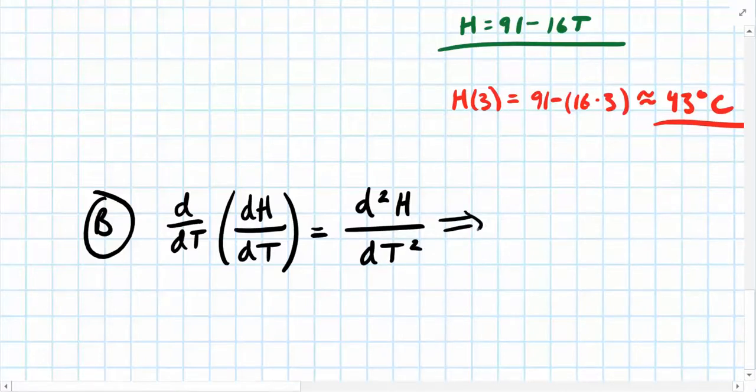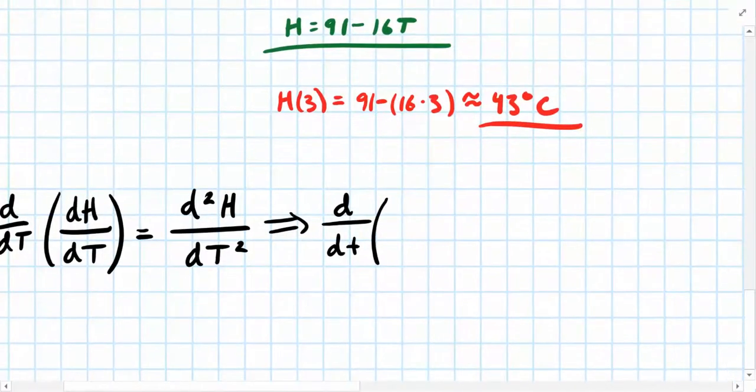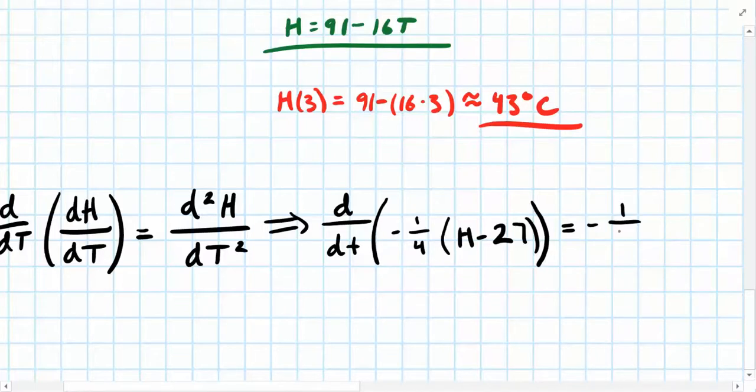And that simply equals d dt of negative 1/4 times h minus 27, and it simply equals negative 1/4.